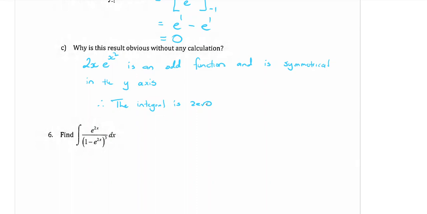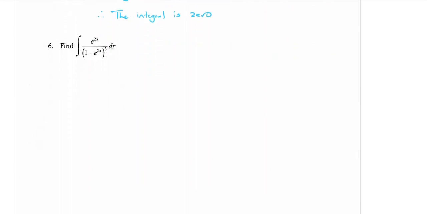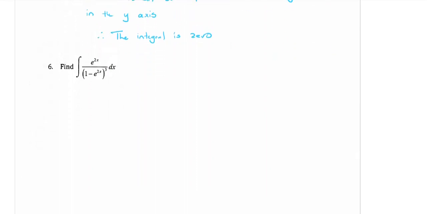All right, part 6. Find the integral of e to the 2x over 1 minus e to the 2x in brackets all cubed. That's not a nice one. Okay, so do you remember the reverse chain rule? No, absolutely not.